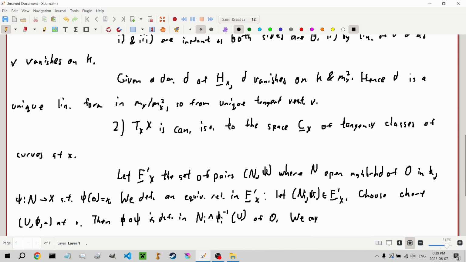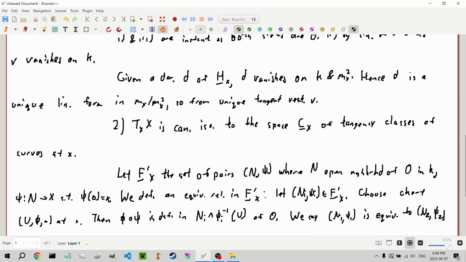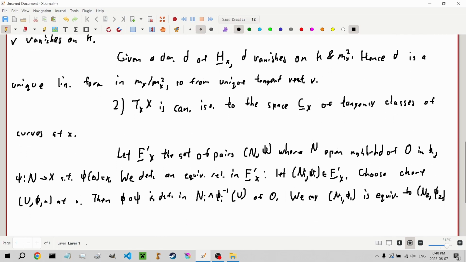We say that n1, c1 is equivalent to n2, c2 if d of phi of c1 at 0 is equal to d of phi of c2 at 0.